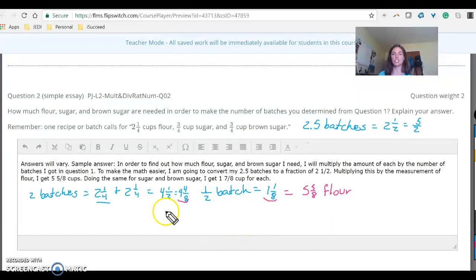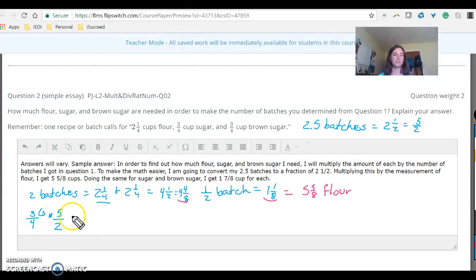So let's do another method for the sugar. And we need 3/4 cups of sugar. And so let's leave it as a fraction, and let's just multiply it by our 2.5 batches. So I've got 3/4 cups of sugar, and I'm going to multiply it by 2.5 batches, but I'm going to put it in my improper fraction.